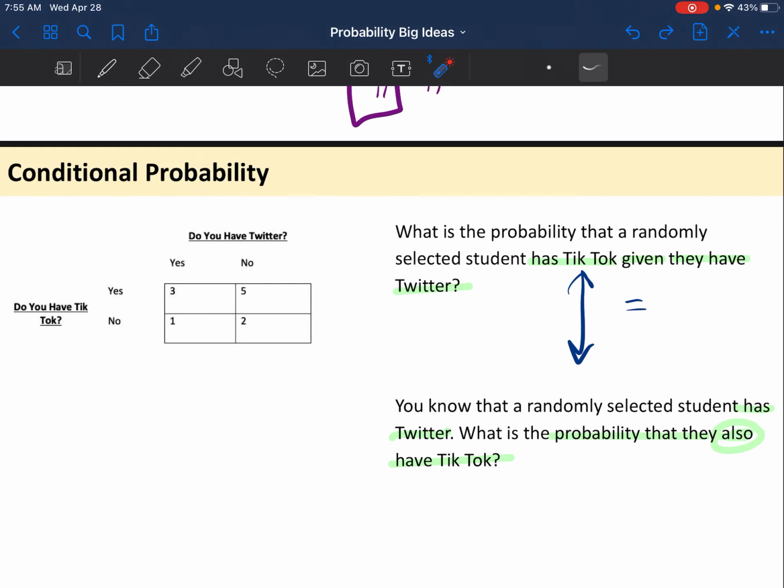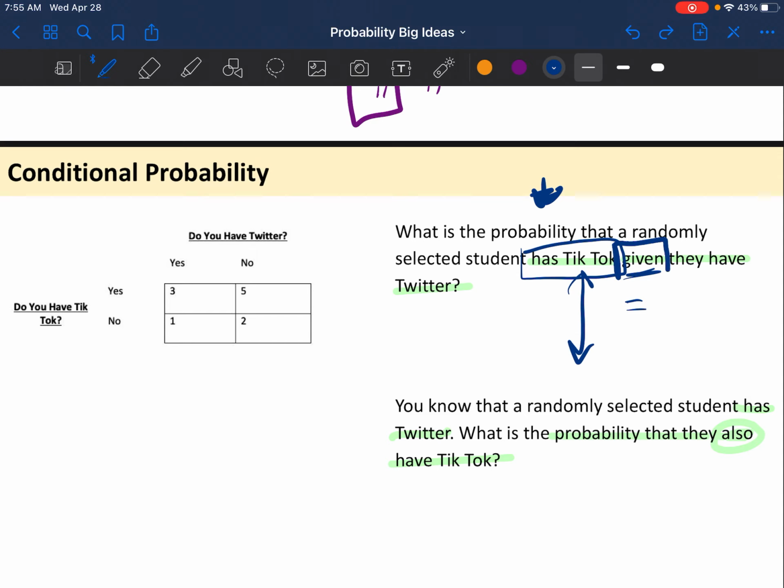This is something that's known as conditional probability. And conditional means it's based on something else happening. So here in this question, it's asking what is the probability someone has TikTok given, so based on the fact that you know they have Twitter.